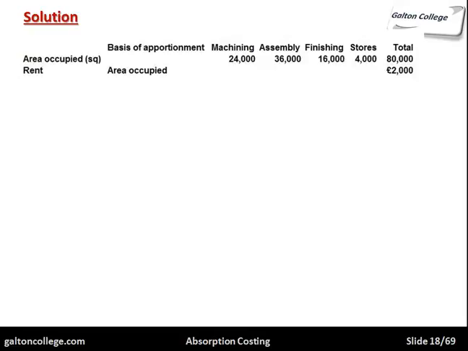Now the bill for the rent is £2,000, so we need to find out how much each of the 4 departments should pay towards that. So we'll do the first calculation on machining, for example. Machining is 24,000 divided by 80,000, which is equal to 0.3, and 0.3 times £2,000 is £600.